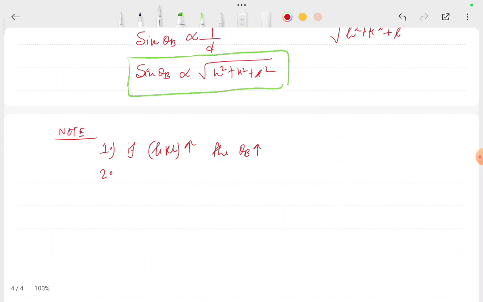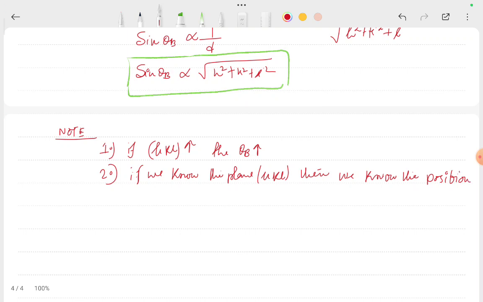The second point is, if we know the plane, it means the hkl value, then we easily know the positions of peaks of the X-ray diffraction spectra, the positions of peaks of XRD.